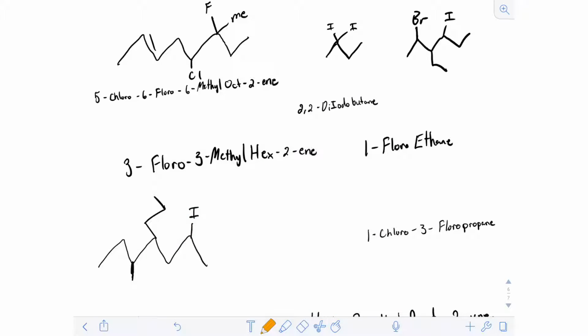Switch up these colors a little bit. And then next up, we've got 2-bromo, 3-ethyl, 4-iodohexane. Not gonna have enough room for that.